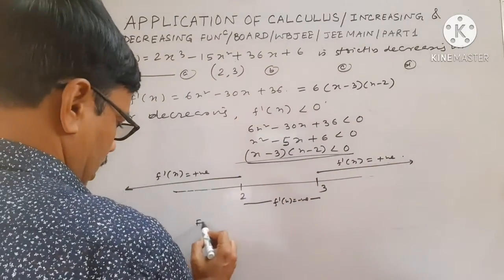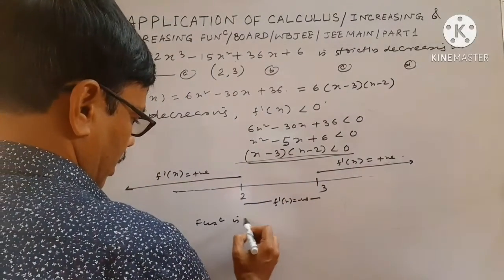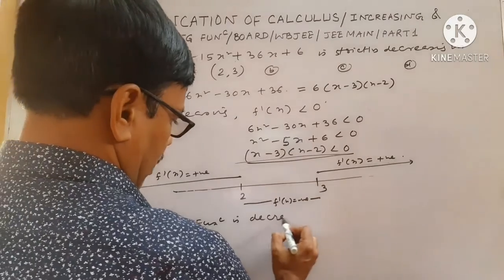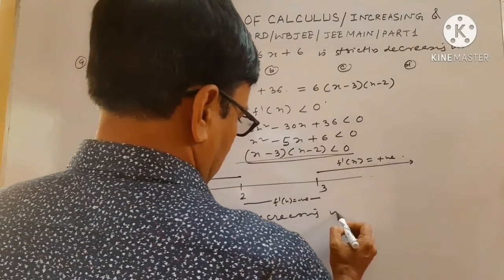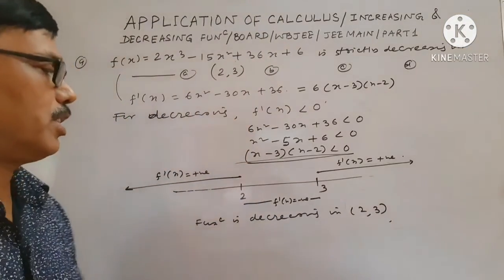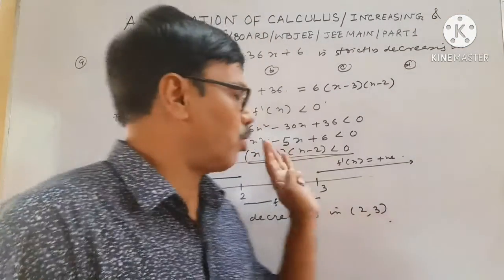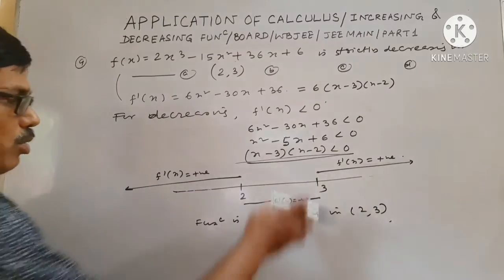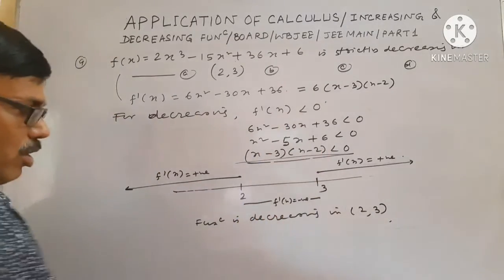So the function is decreasing in (2, 3). So if it is less than 0, for competitive examinations, the value lies inside. So this is the right answer.